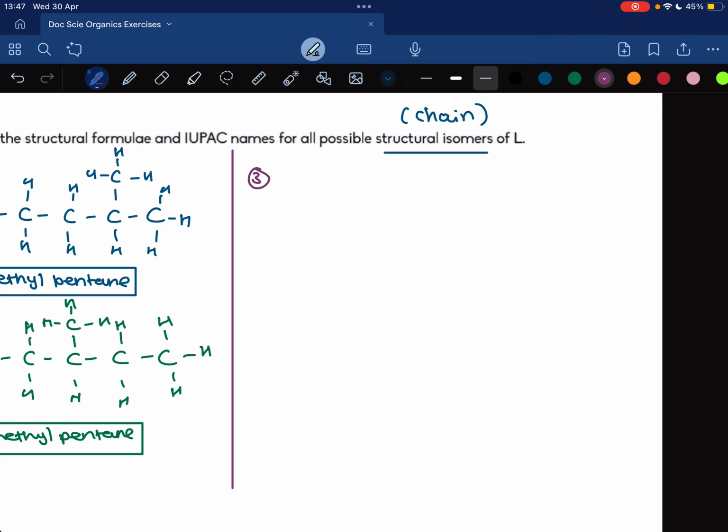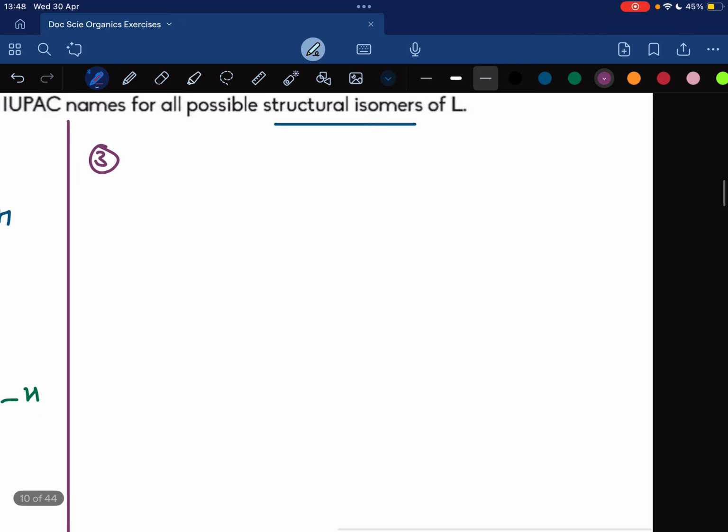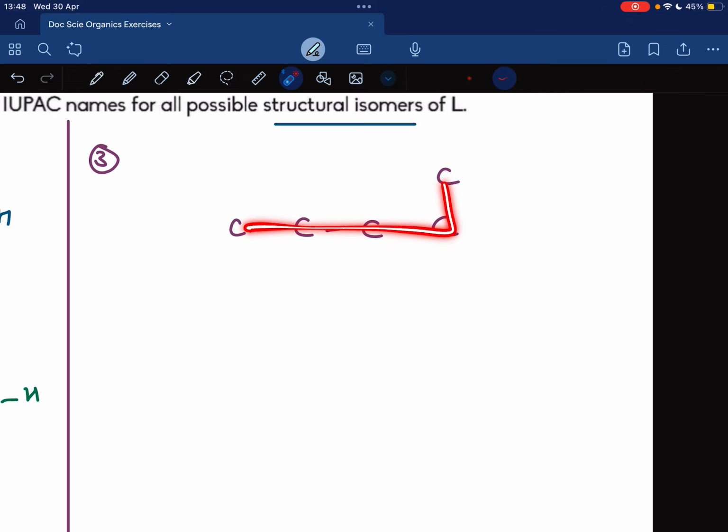So let's try now 4 carbons. 1, 2, 3, 4. Now remember, we still need 6 carbons. So I can't put another carbon here because that's going to just form part of this longest carbon chain again. So I'm going to have to put a carbon here. Now remember, you need to have 2 of them.